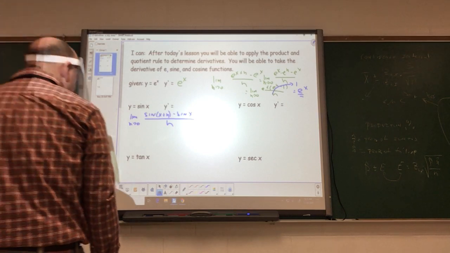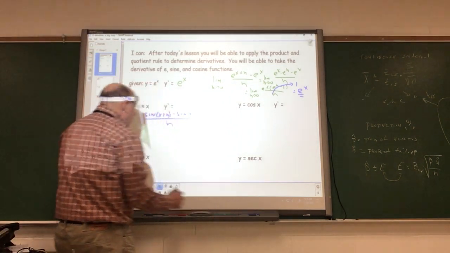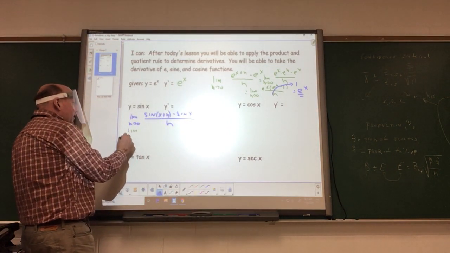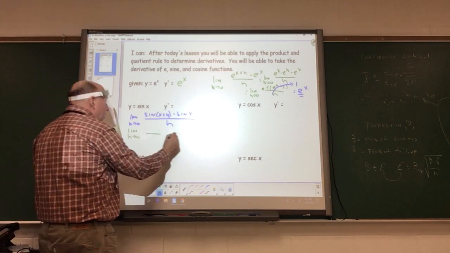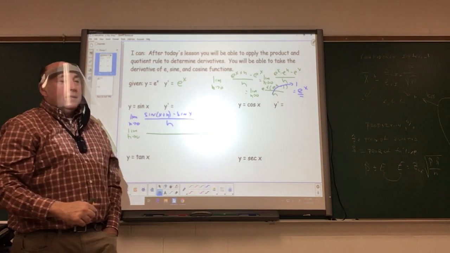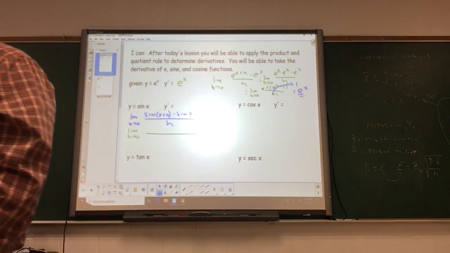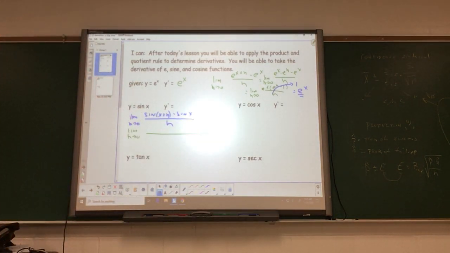Because all I have to remember now is the limit as h approaches 0 of how to expand out sine of x plus h using our trig identities. We had an angle addition formula. Sine of a plus b is equal to sine of a cosine of b plus the cosine of a sine of b. Well, we have now x and h in there. That was one of those trigonometric identities that we use and apply.